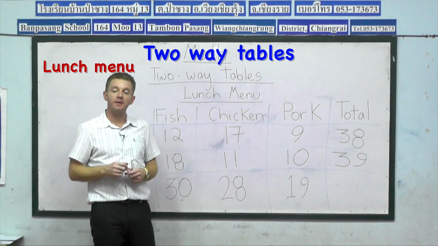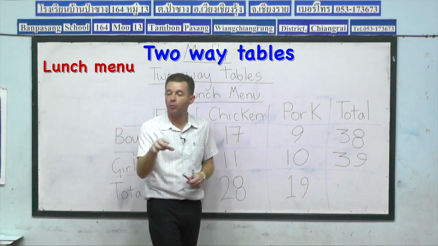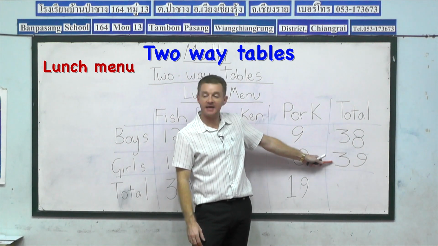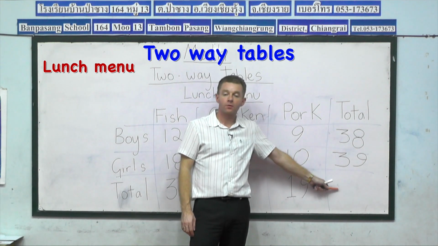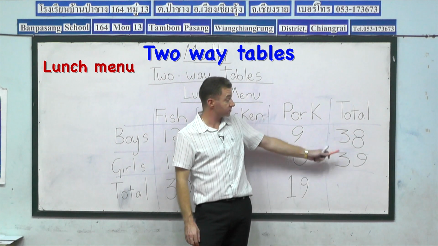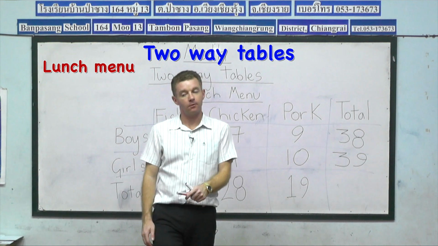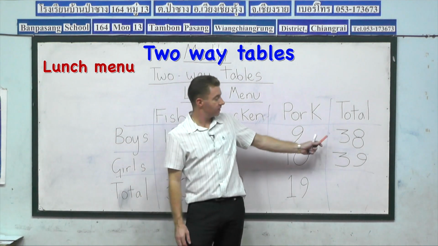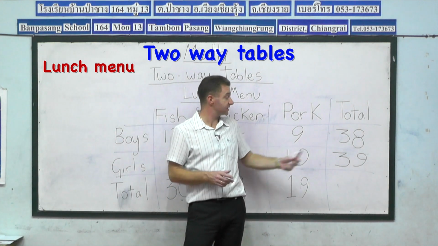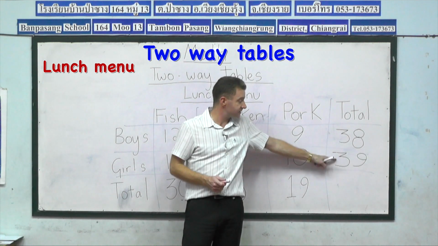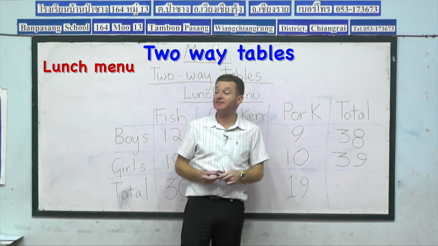So who can tell me what we need to do for the total number of students? We've got 38 boys, 39 girls. Our total number of students, 38 plus 39. Not quite, not that high. 77. So what we do, 38 plus 39, we can go 60, 9, and 77.